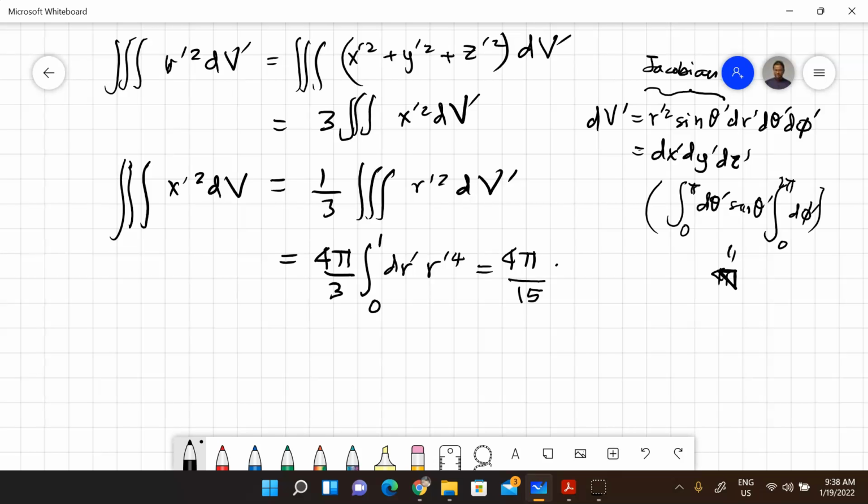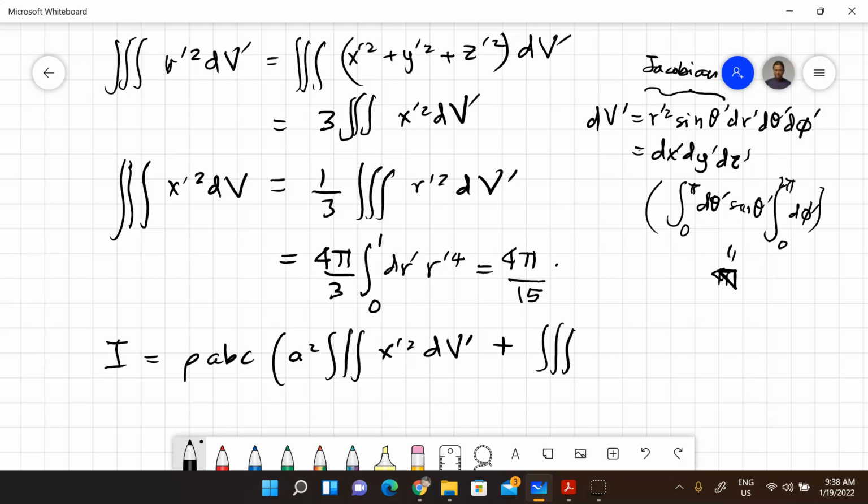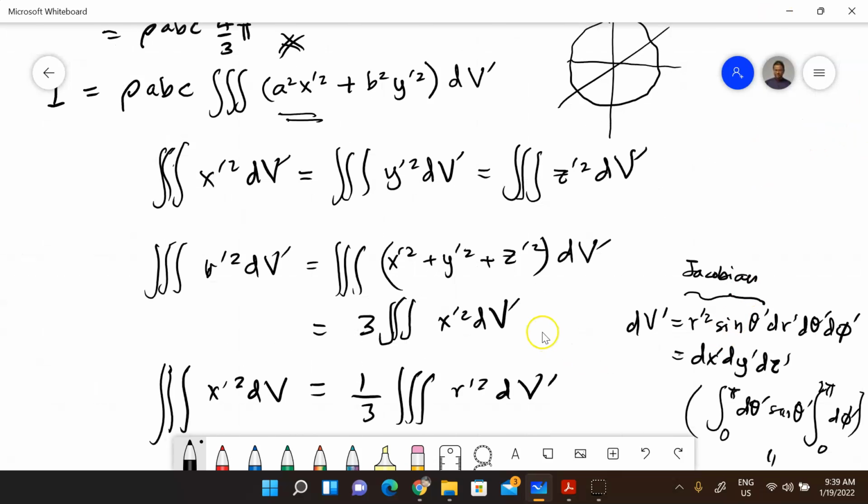Okay, so going back to your moment of inertia here, this is equal to a squared integral of x dash square dv dash plus integral of y dash square dv dash. There's supposed to be a b squared also. Okay, this already we have there. It's going to be 4 pi over 15.